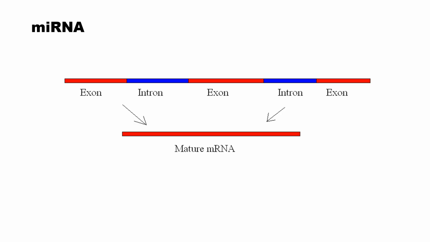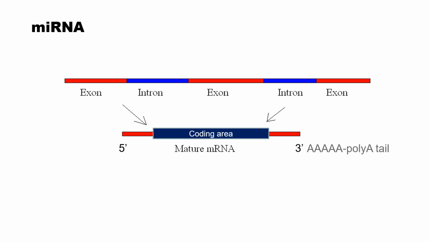A similar size of double-strand RNA is also discovered with the name of microRNA. While siRNA binds to the coding area of mRNA and destroys it, and usually siRNA has a perfect match, microRNA binds to either the 5' or 3' area, and the 3' end also has a poly A tail for protection.